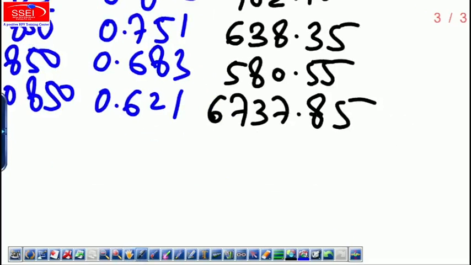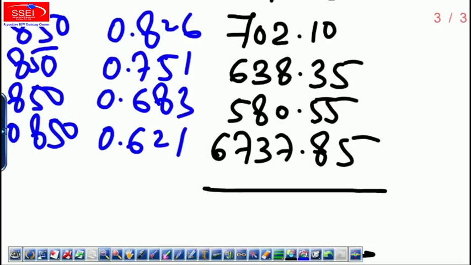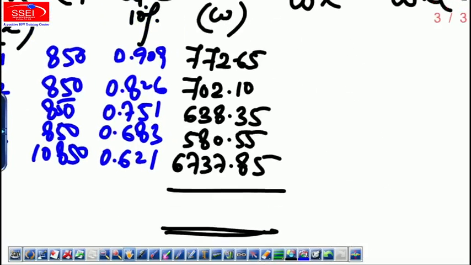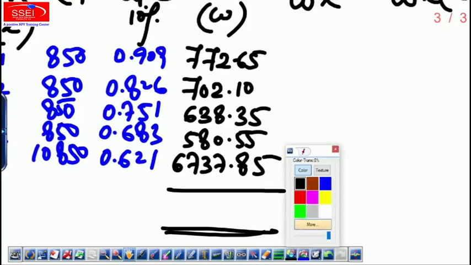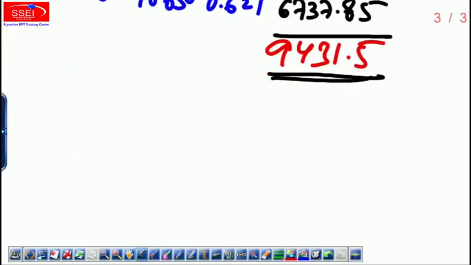So I'm adding them up. We need the total: 772.65 plus 702.1 plus 638.35 plus 580.55 plus 6737.85. It's coming to 9431.5. That's the first answer, 9431.5. Price of the bond, market price.